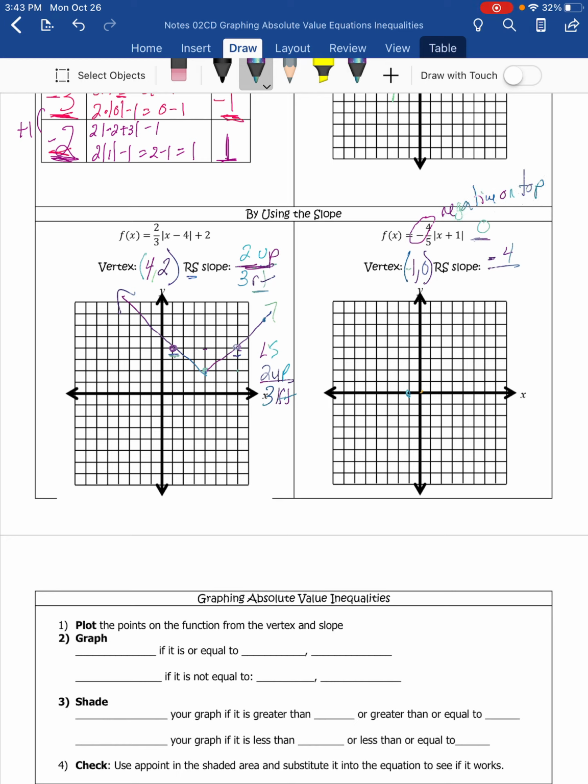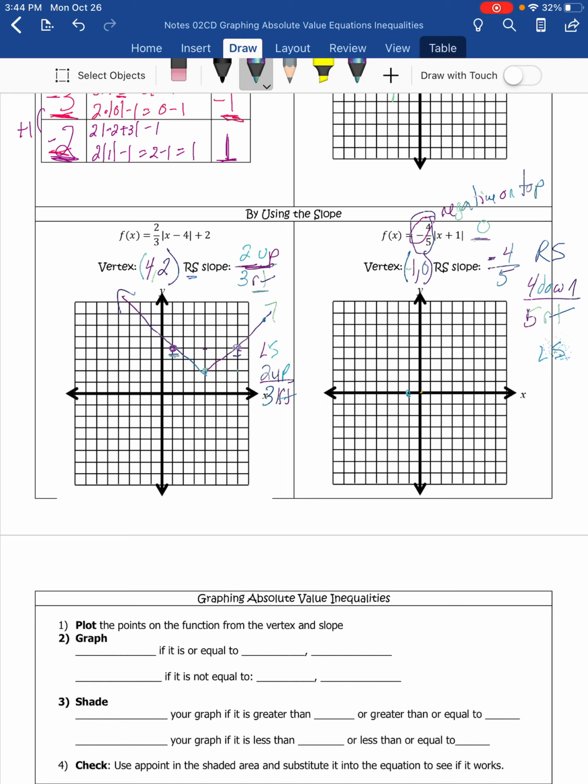The reason you have your negative on top is because the slope that's here, this number right here, is always going to be the right-hand side. So for this, you're going to be going down. This is going to be -4 over 5, which just means 4 down. So to get the right-hand side of my graph, I'm going to go 4 down and 5 right.